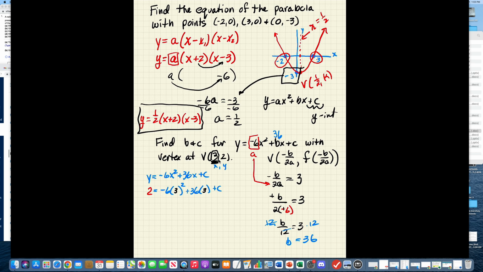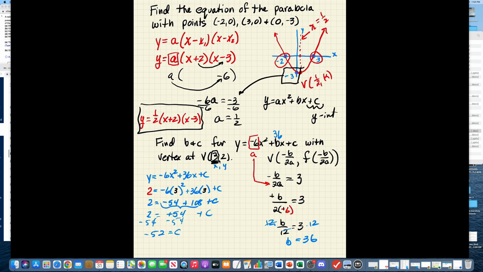So we're going to get 2 equals, let's see, -6 times 9, that's -54. 36 times 3, that's 90 plus 18, that's 108, plus c. 2 equals, well, that looks like a positive 54, plus c. When we combine those like terms, subtract 54, we get -52 for c.